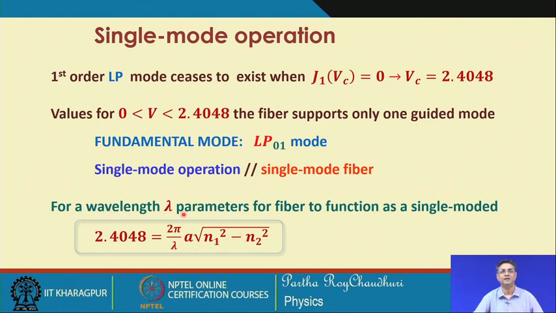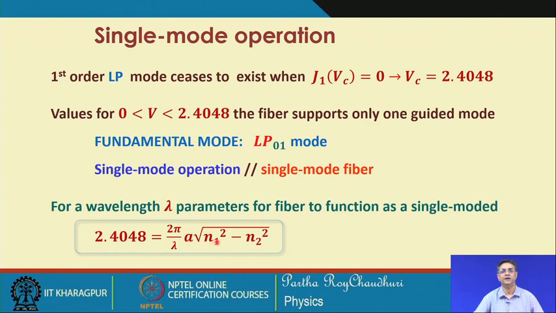So, for a wavelength lambda, the parameters for the fiber to function as a single moded one come from this equation, that is 2.4048 equal to the V number.